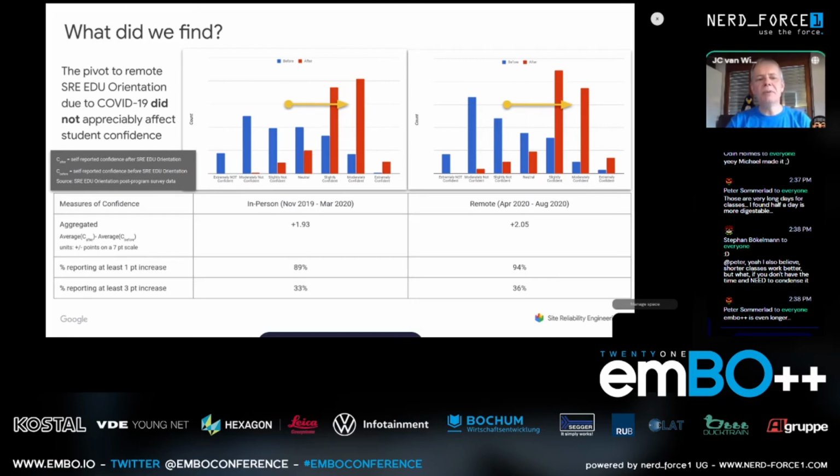The number of people that reported at least 1 point increase was 89% before the COVIDium and is 94% in the COVIDium. And the people who reported at least 3 points increase was 33% in the pre-COVIDium, and in the COVIDium, it is 36%. So really, probably the numbers say that we're doing pretty well.